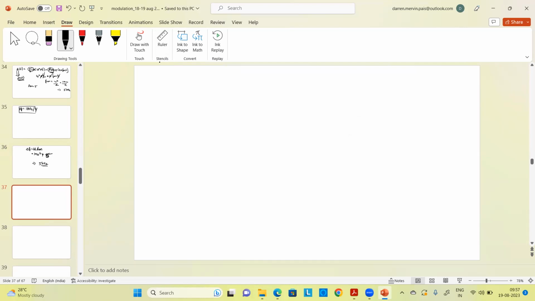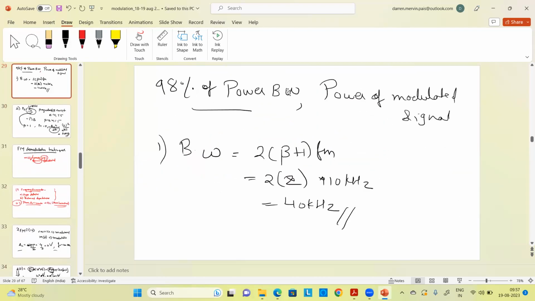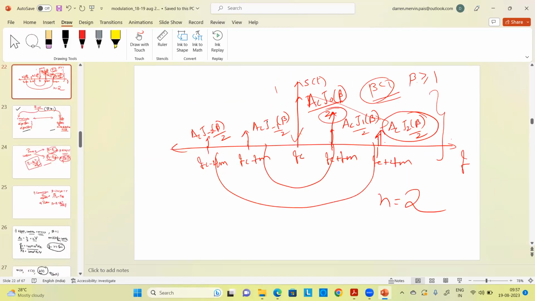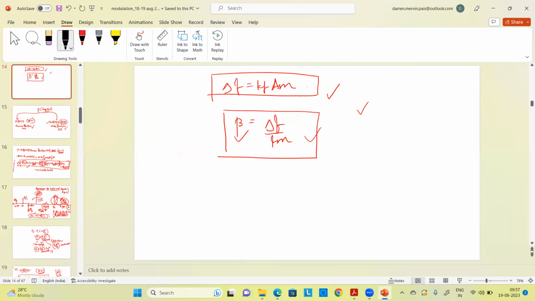Now the next thing that you have is the modulation index. It's given as beta. What did we learn the beta value to be? The formula for modulation index: del f upon fm.